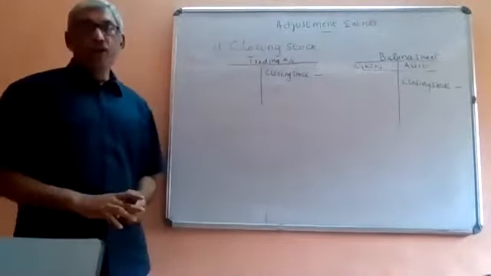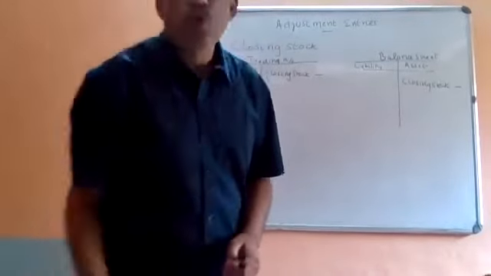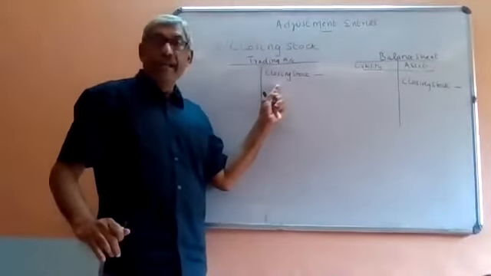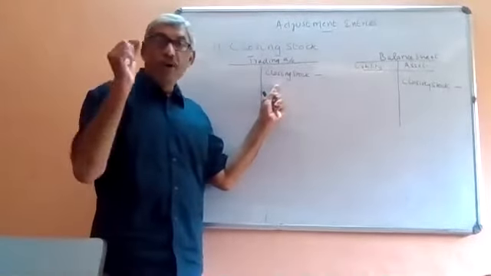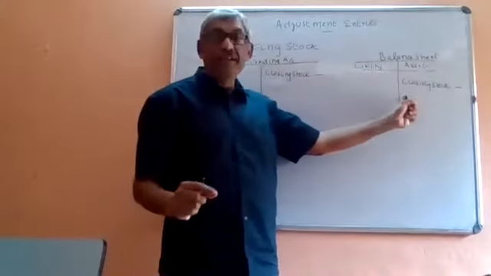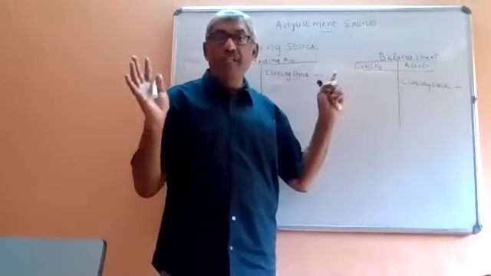Is it clear? So the 2 places where the closing stock comes are, one on the credit side of the trading account, and second on the asset side of the balance sheet. So is it clear?